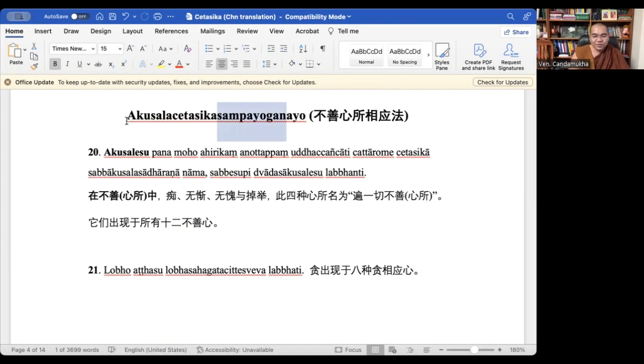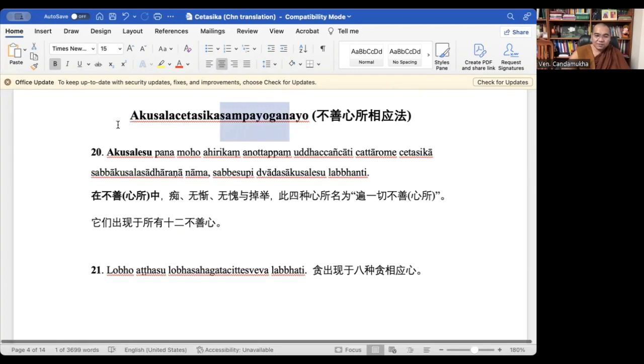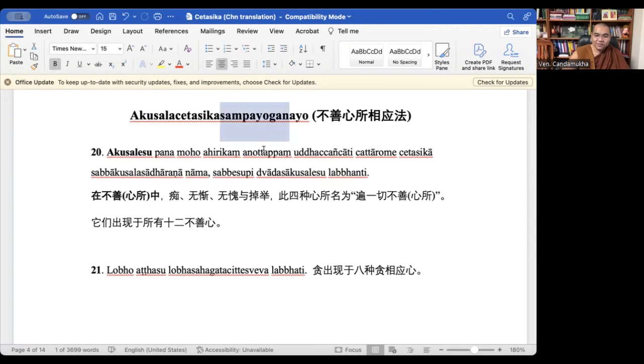But they associate with the very specific counterpart. Here, Akusala citta, you know, is 12. In these 12 Akusala citta, the 14 Akusala Cetasika can associate. But the way they associate is different from one another.